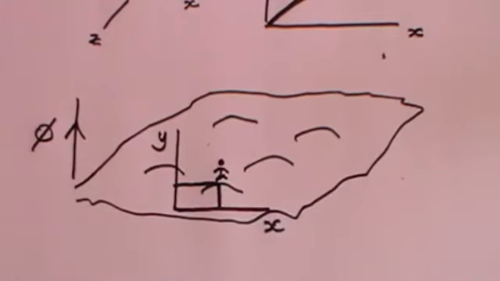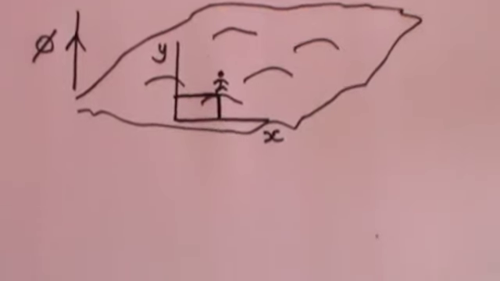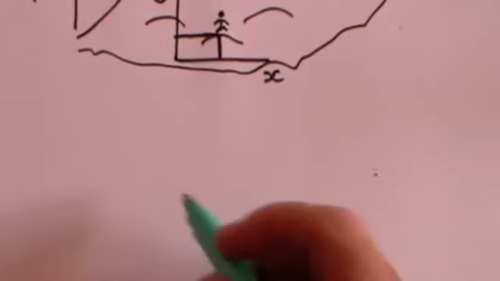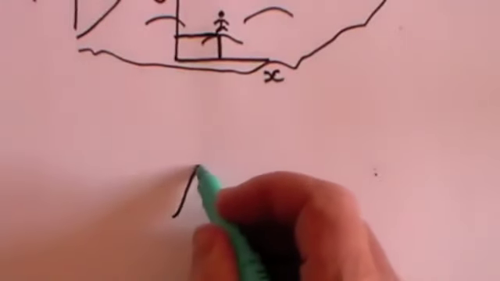The question I now want to ask is, how does that height change if I move a little bit? And you should immediately respond that it depends on which direction I move. The reason for that is, let's suppose that part of the field consists of a ridge.